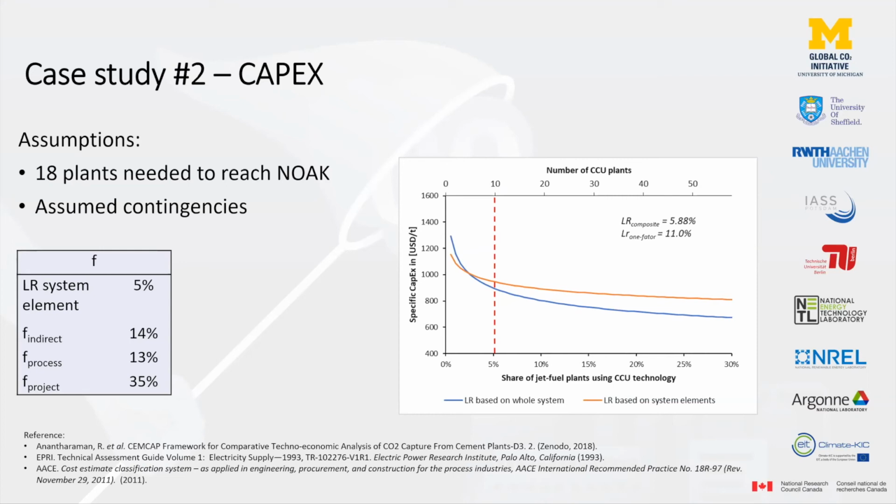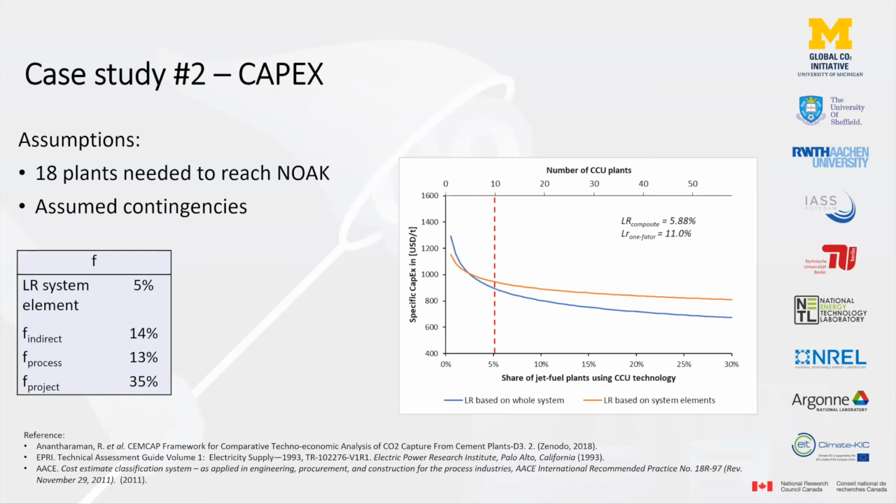Okay, so Teal already, while describing the first case study, described the methodology in detail. So we also use similar approaches and try to find out the learning rate of the jet fuel production here.